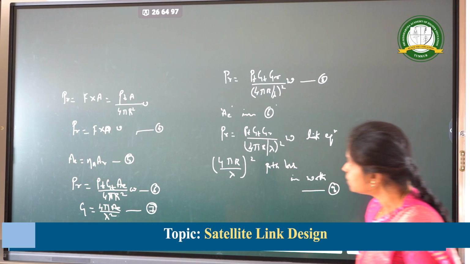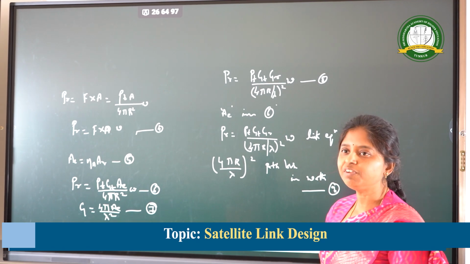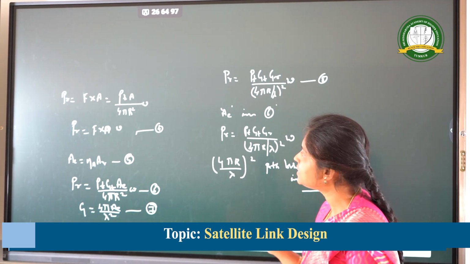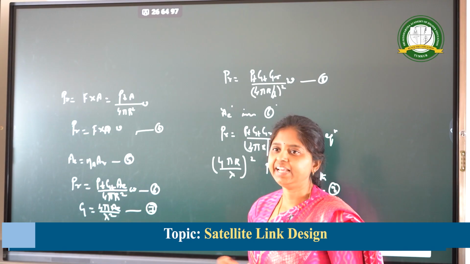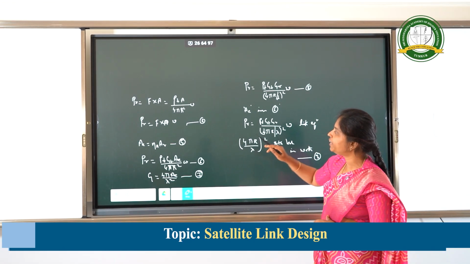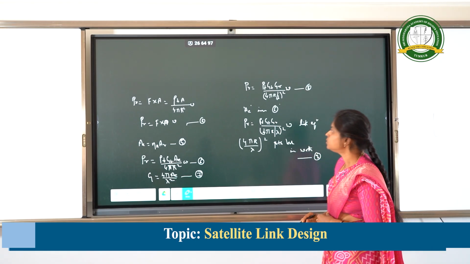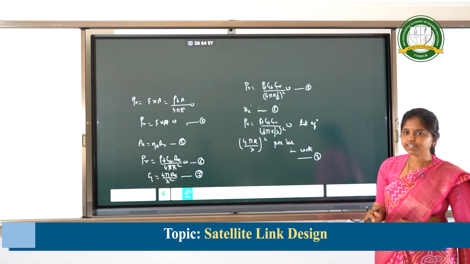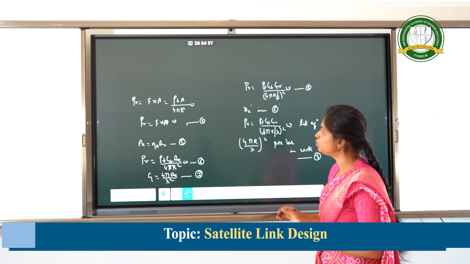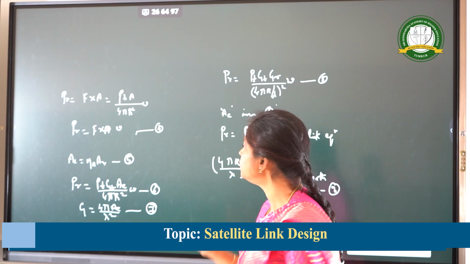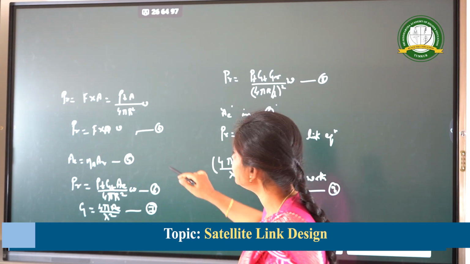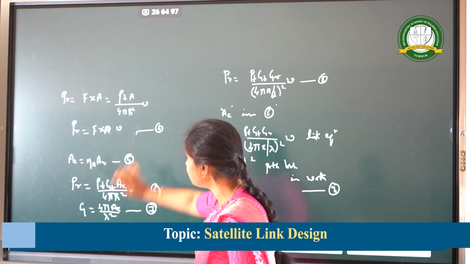Next, the received power will become the flux density into the area, divided by 4 pi r square, in watts. So at the receiving end, power received will be equal to flux density into the area we have considered, represented in watts.